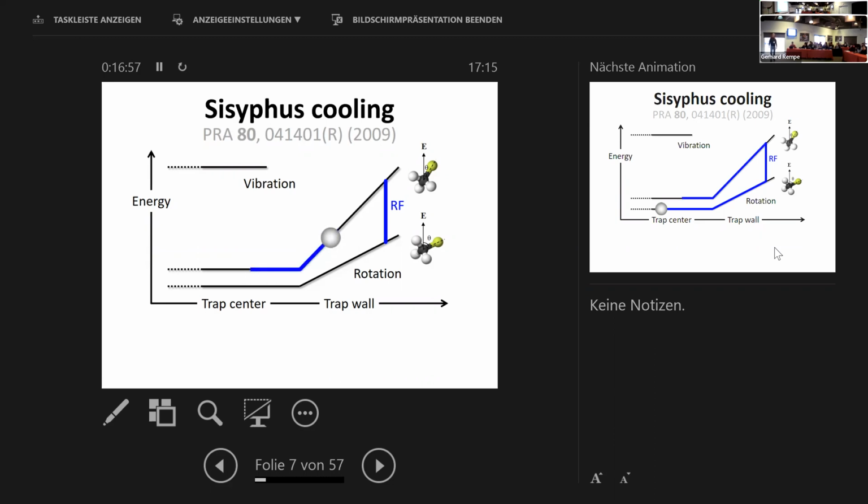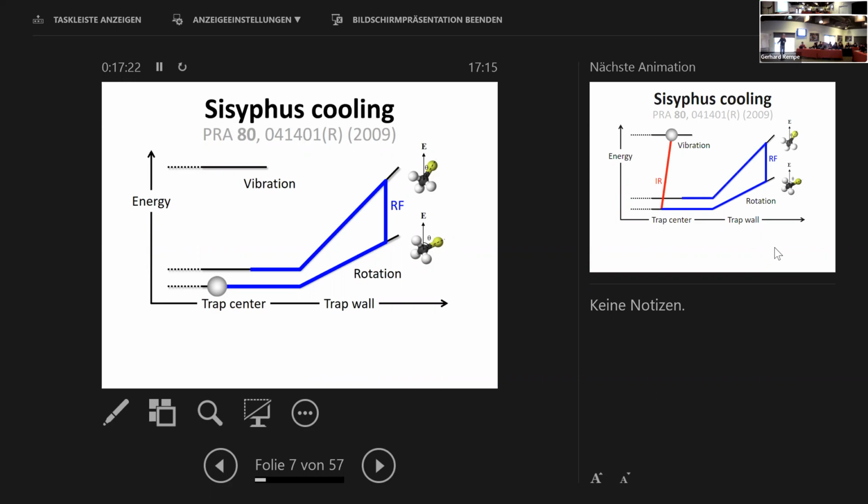So now what happens is if the molecule goes up, it sees the radio frequency and is split down into a state which does not have such a large Stark field. And overall, it climbs a potential barrier which is large, and it falls down a potential barrier which is small. And the difference of these two is taken away from the kinetic energy.